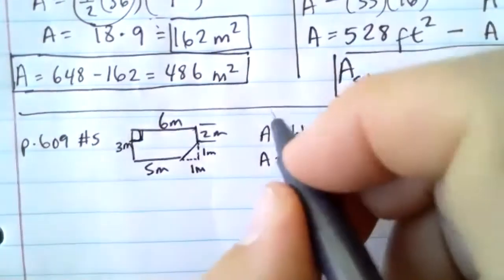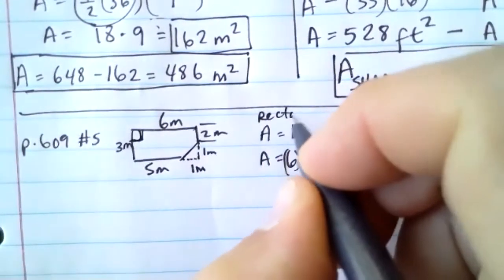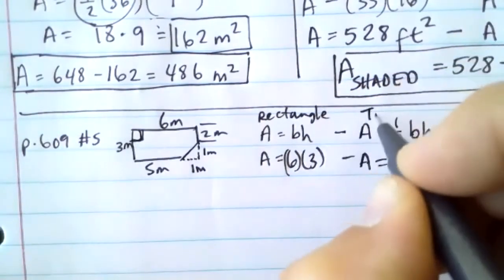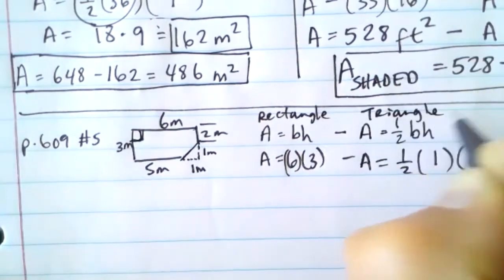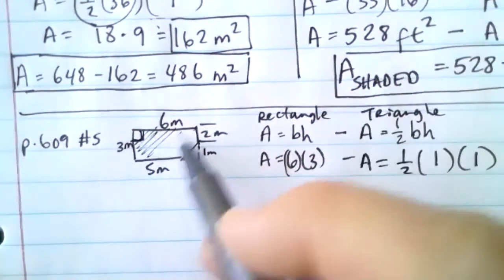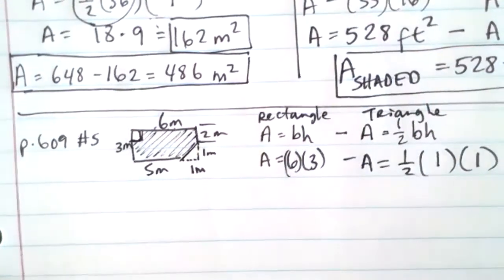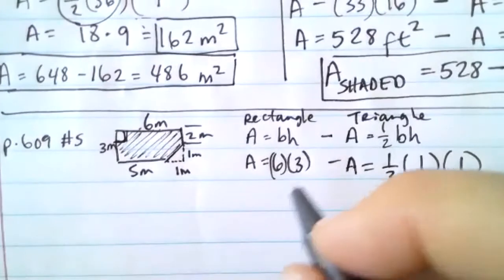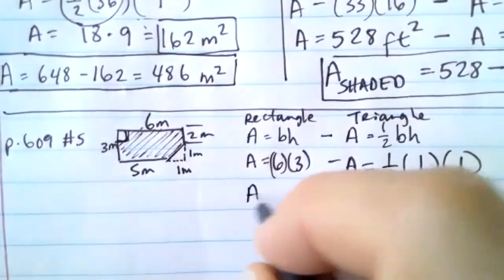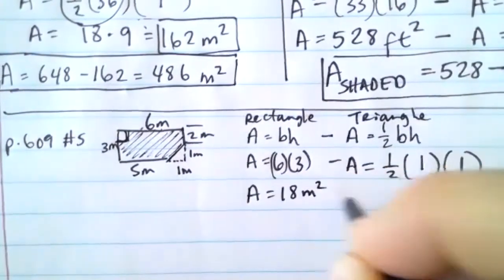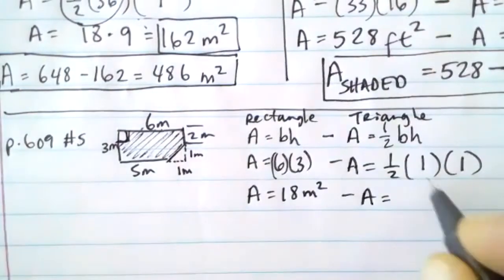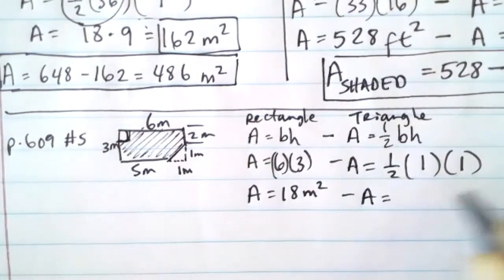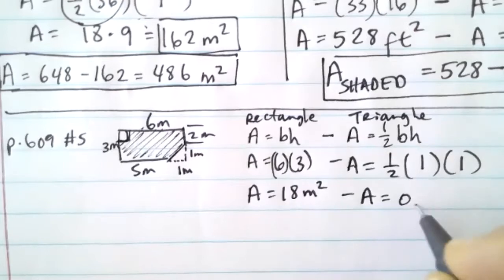So now this is the rectangle. This is the little triangle. And then the shaded zone is what I need the area of, okay? So we're going to find that now, but these are all meters, okay? So we've got area equals 18 meters squared. And then this area is 1/2 of 1, which is, you could put half or 0.5.